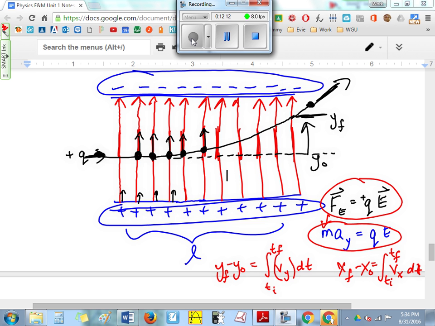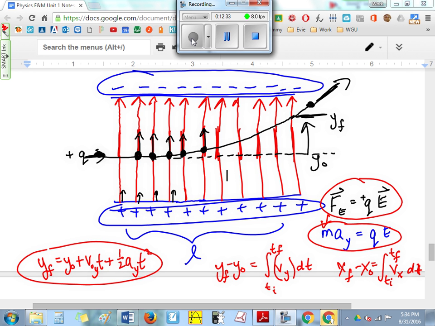Another one that you've probably seen before is that y final is y initial plus v initial in the y direction times t, and then plus 1/2 times acceleration in the y times t squared. But see, this is what you get when you integrate.